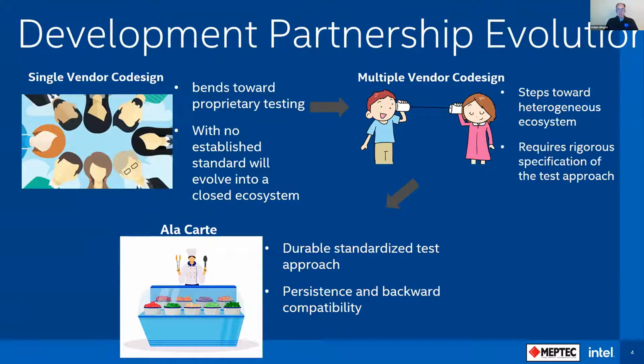Currently, I'll talk about it a little later, we are designing new mother dice that are integrating tiles that are 3 or 4 years old. So we have live examples of integrating legacy tiles into brand new designs.